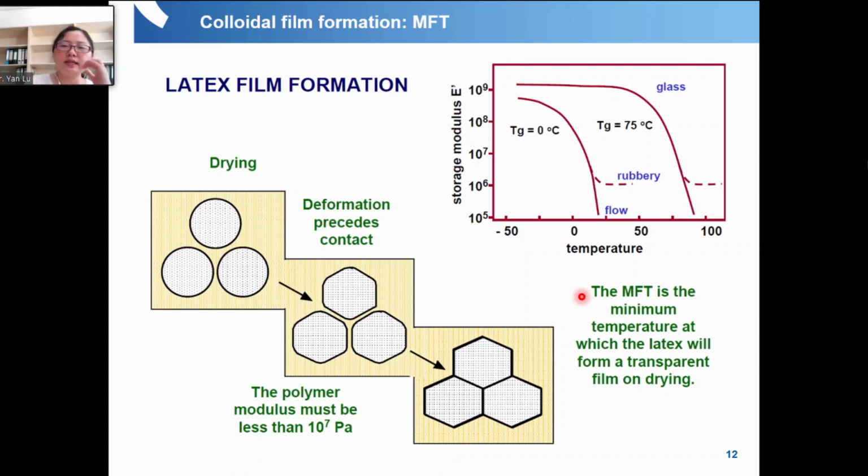This is also the temperature where you can get deformation of the particle. Here the modulus of the polymer should be less than 10 to the power of 7 Pa. Otherwise, it cannot be deformed, because it will be a glass, a very hard polymer. In that case, you will never get a deformed polymer film.